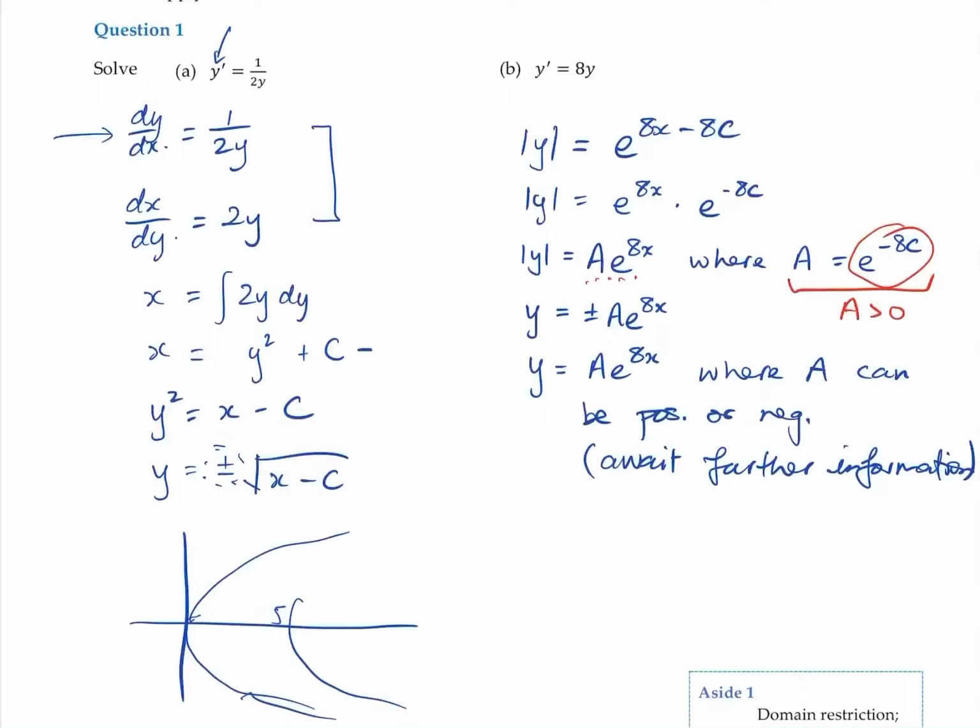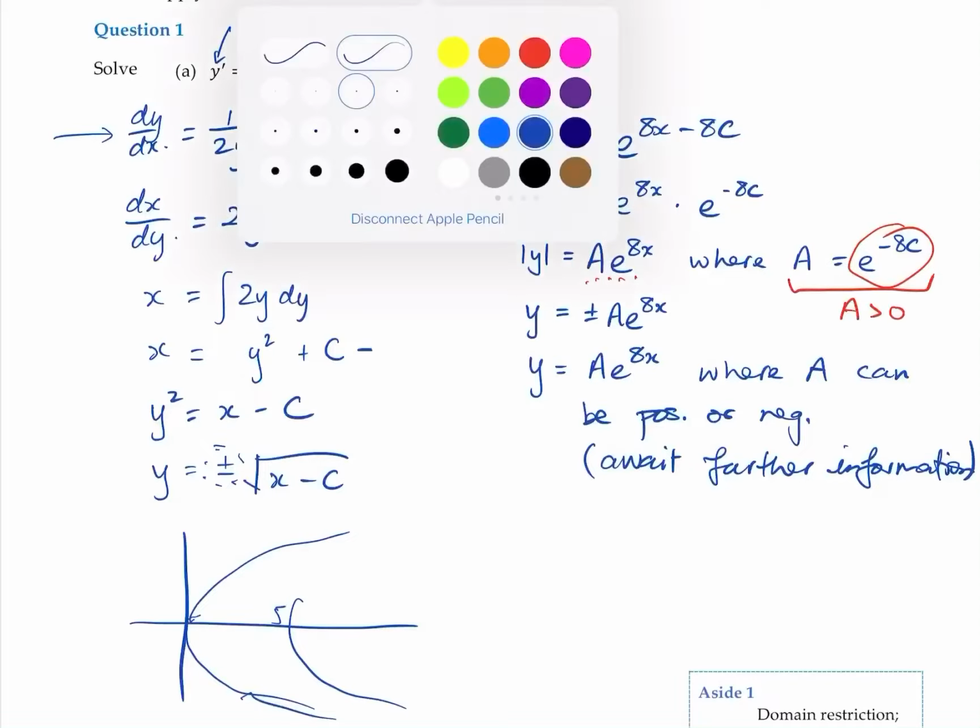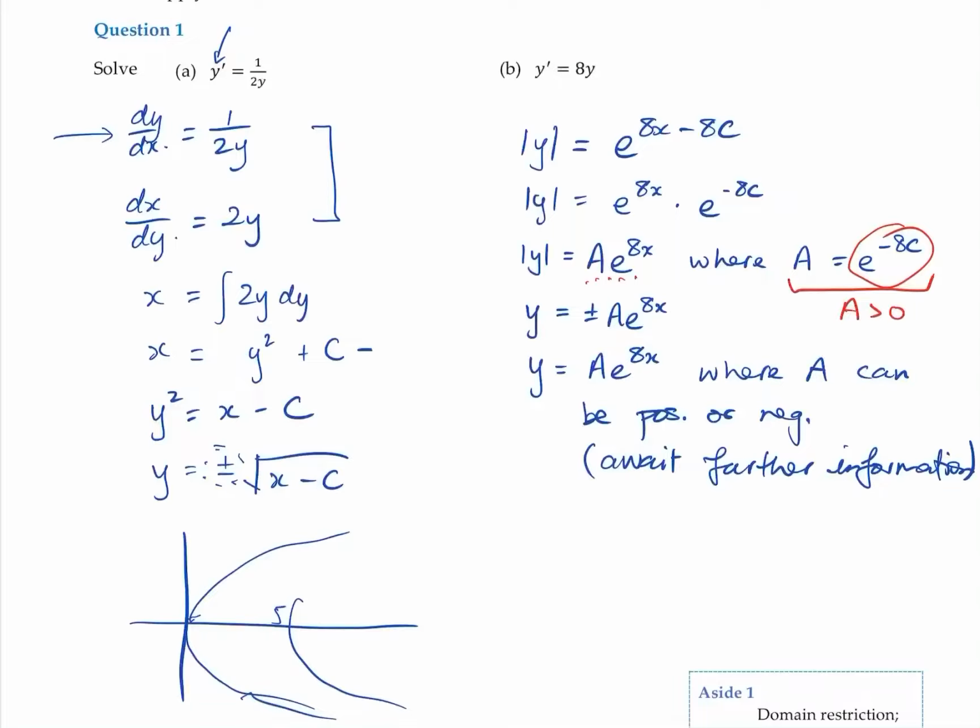Let's have a look at a couple of things on this page. Early on here we had dy/dx equals 8y, so dx/dy equals 1 on 8y. Now over here, I suppose y can't be 0 if it's on the bottom of a fraction like that.